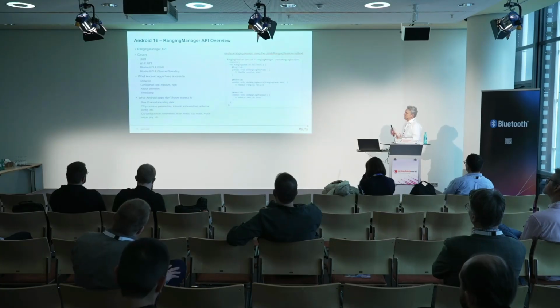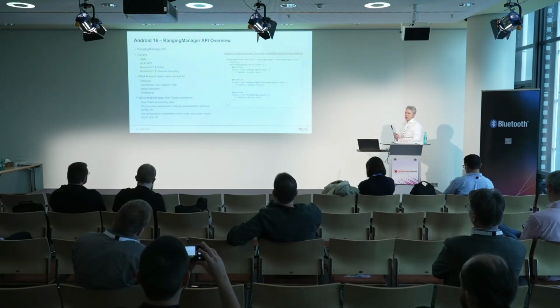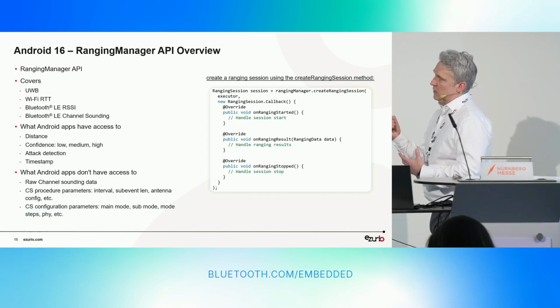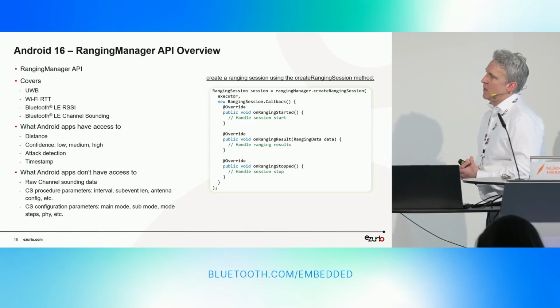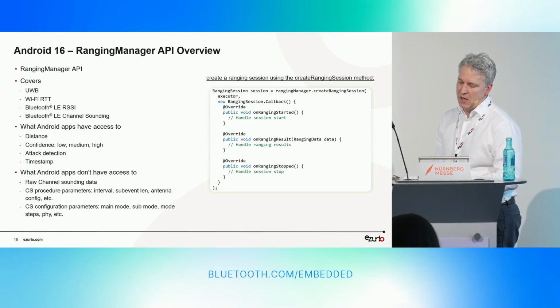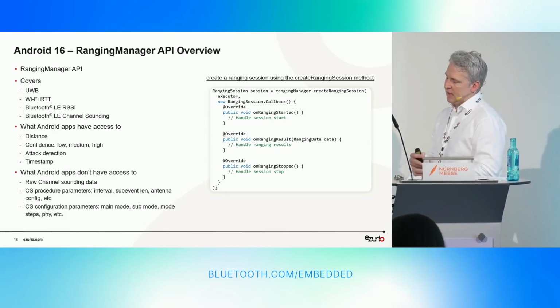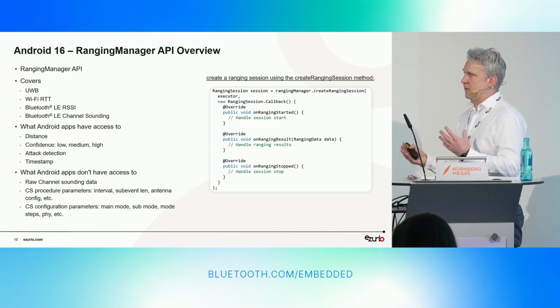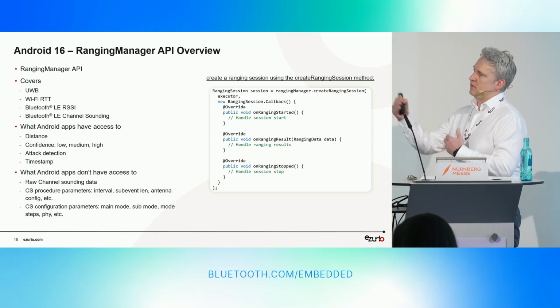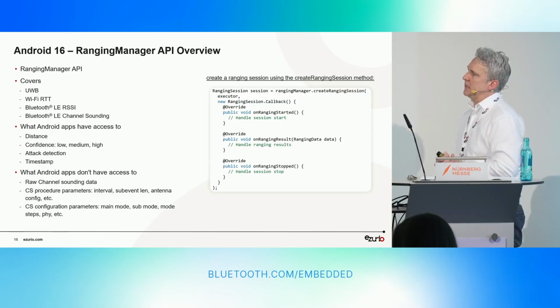A little bit more in here, and again, I won't touch upon all of these points. I just found it interesting that in Android 16, it's in their Ranging Manager API that also covers UWB and Wi-Fi, plus the RSSI that was originally there, where they've added in the channel sounding API for Android. It gives you access to the distance, the confidence levels, so again, that kind of traditional find-me app of nearby, so kind of low, medium, high accuracy.